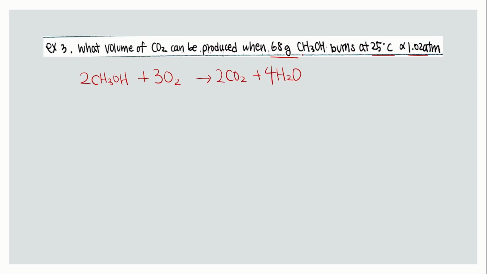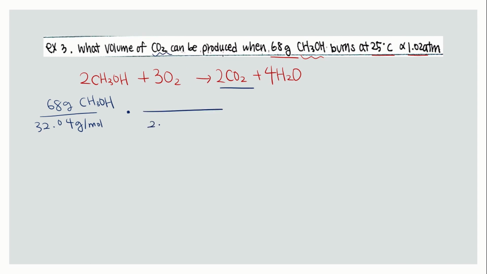It gave you the mass for CH3OH, so you have to convert that into moles first. 68 grams divided by the molar mass, in grams per mole. This is for CH3OH, so you have to multiply by the molar ratio from this balanced equation to convert this into the moles for carbon dioxide, because carbon dioxide is what you're looking for.